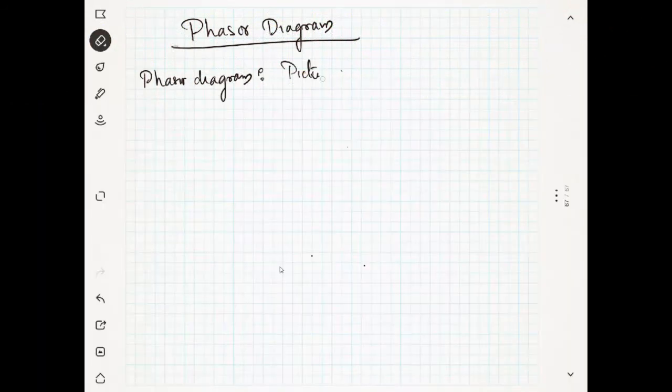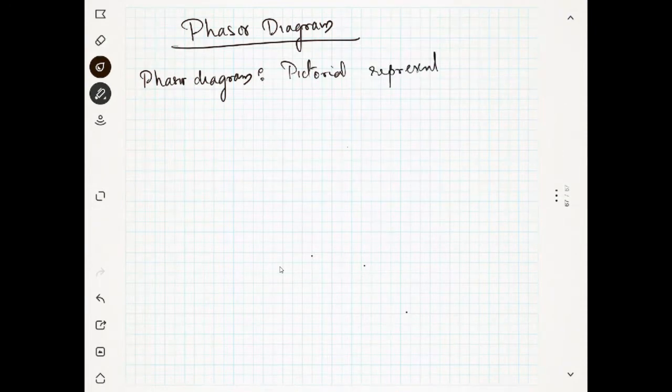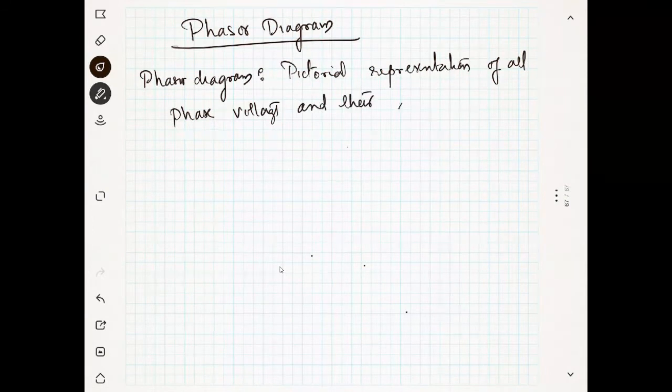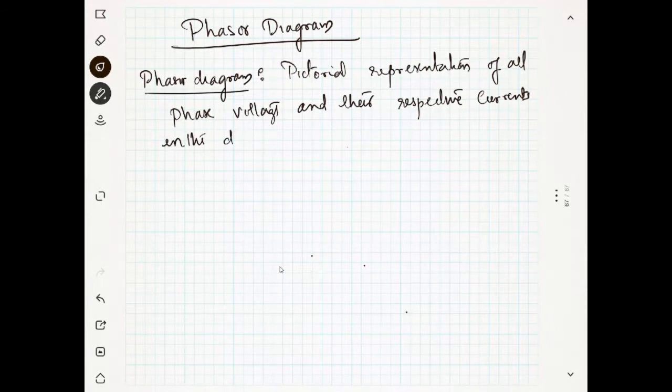It's a pictorial representation of all phase voltages and their respective currents in the network. So the phasor diagram contains this representation.